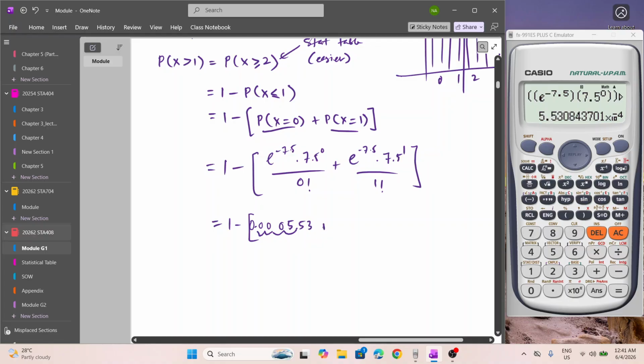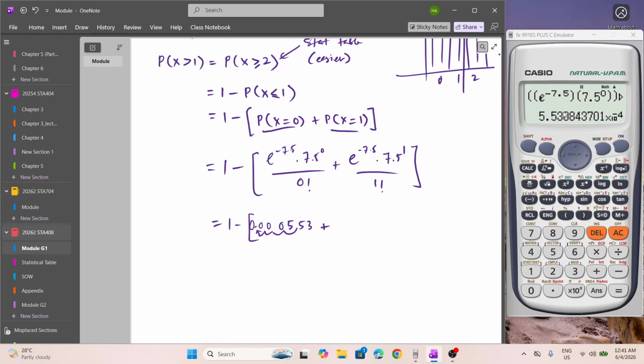Okay, plus just change the value, sorry, change this value to 1, and 0.5 to the power of 1, 1 factorial.